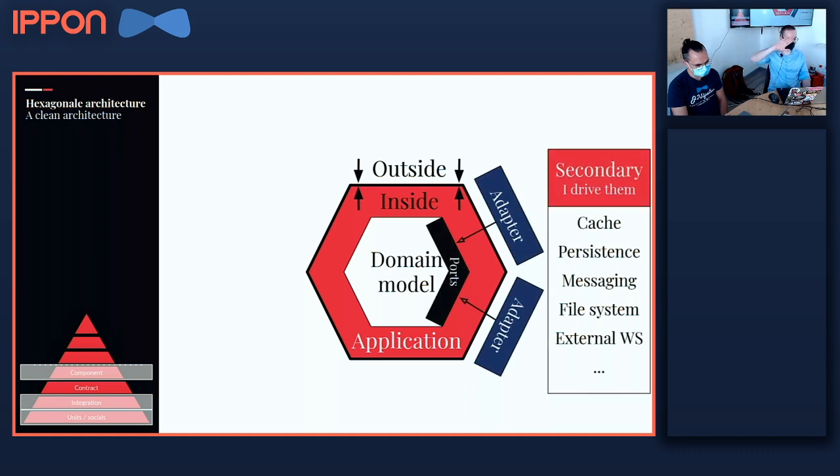Next, I have the right part of my port and adapter architecture. I didn't tell you, it's called hexagonal, but it's also called port and adapter because we use ports and adapters. In my domain, I'll have ports. These are interfaces: what do I need to speak to something else? And on the secondary part, on the right side, I have adapters, which are implementations of my ports.